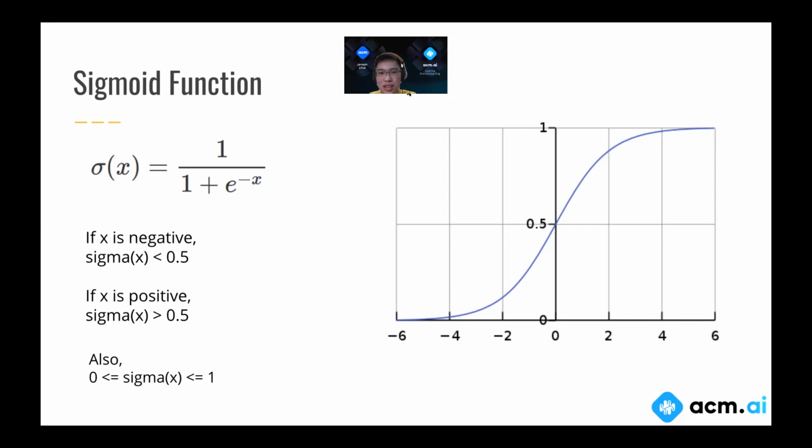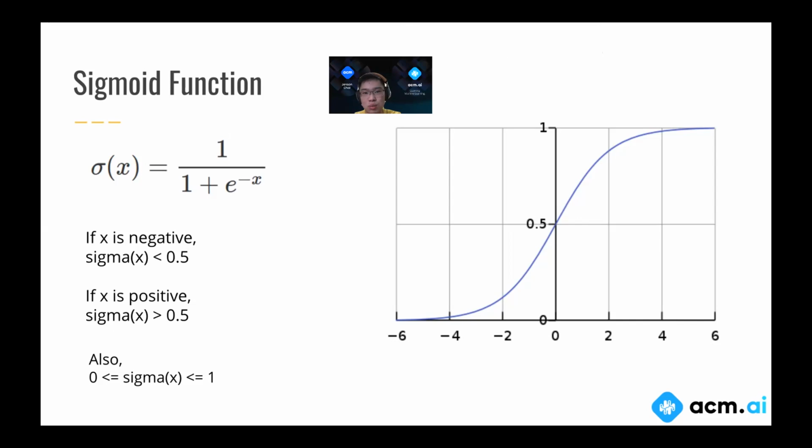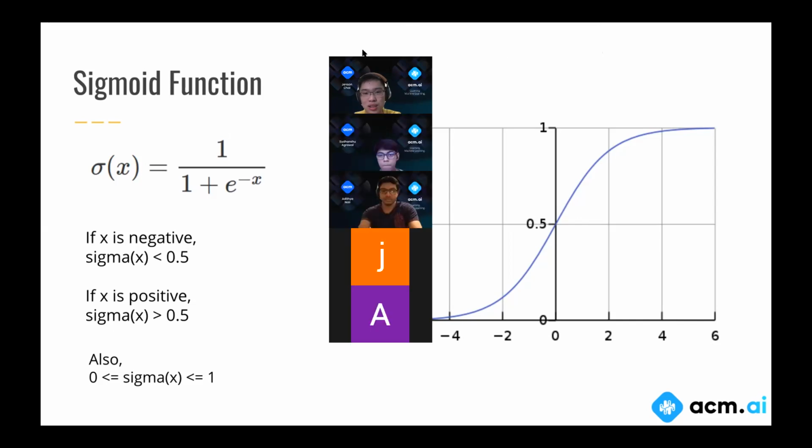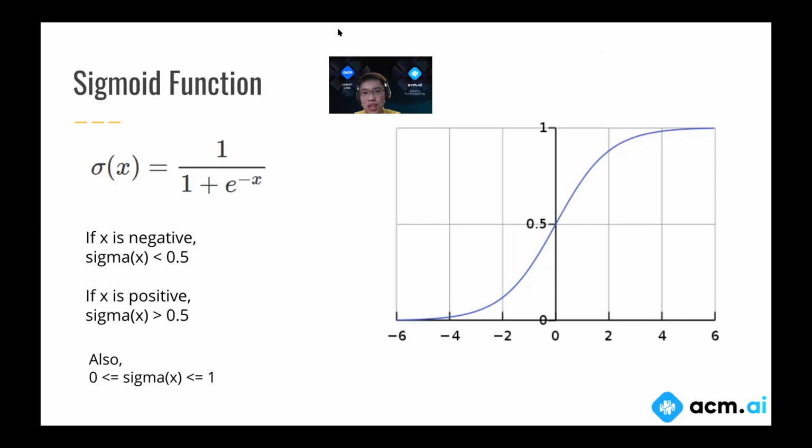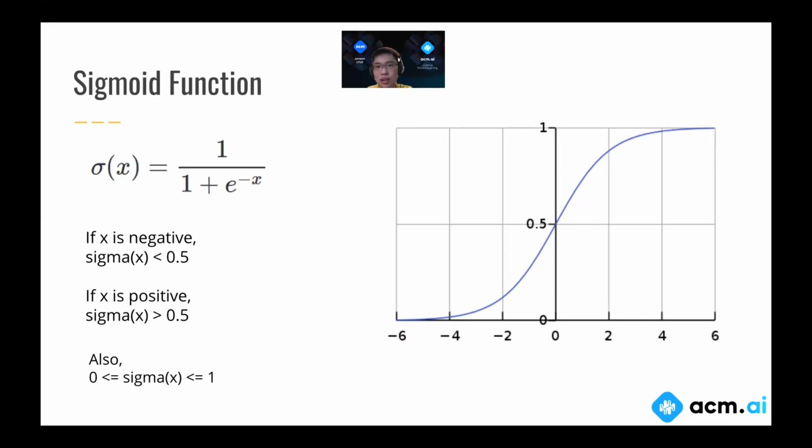So adding a bias to the sigmoid function would be one way of doing it. Or you can shift your data, but that's usually not the ideal solution. That makes sense. Thanks. No problem. Okay, any more questions before we cover other activation functions?